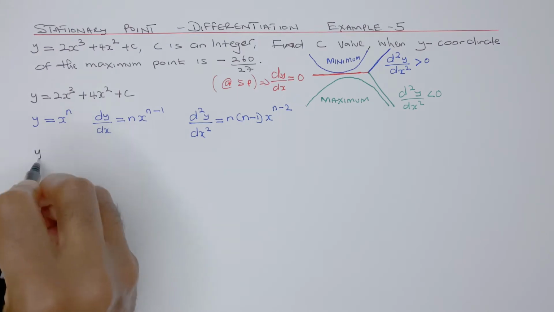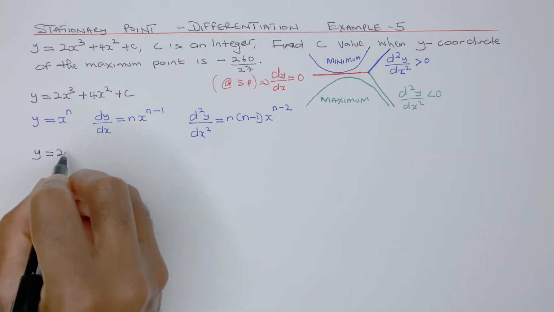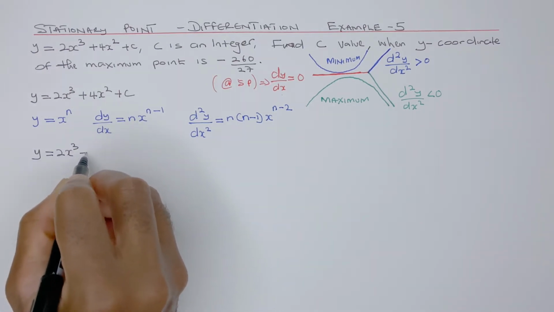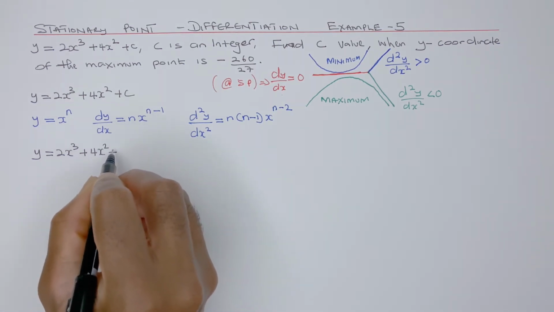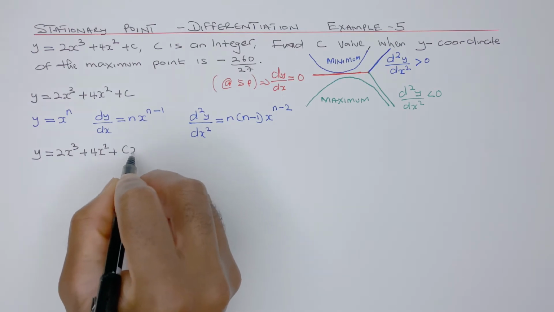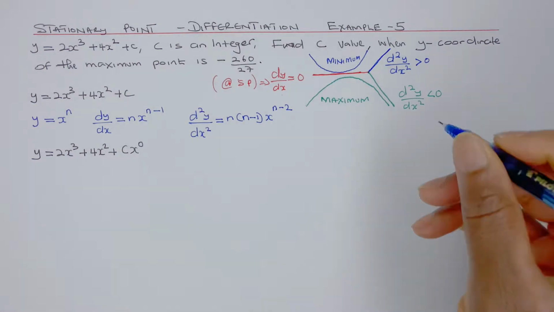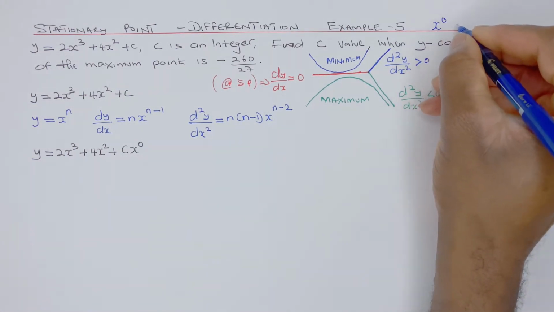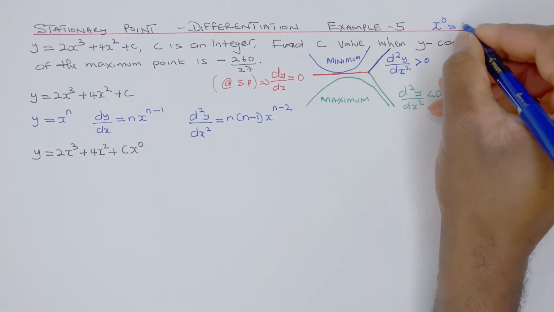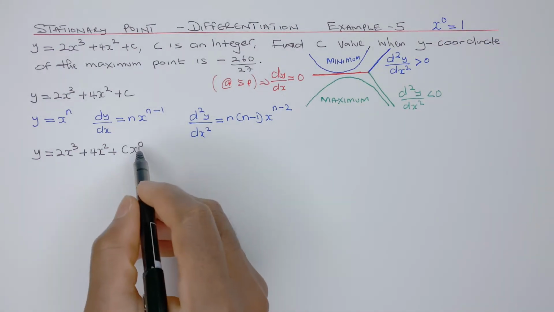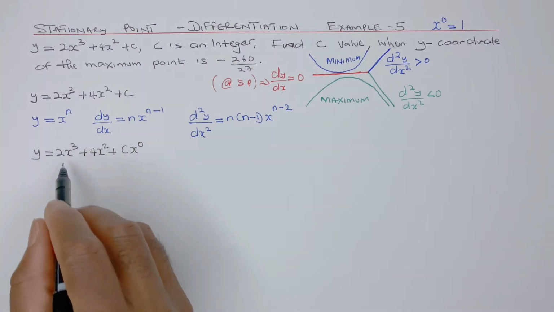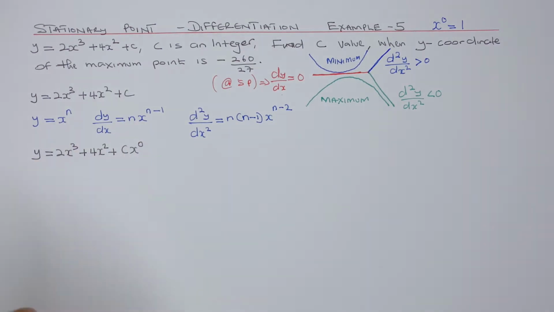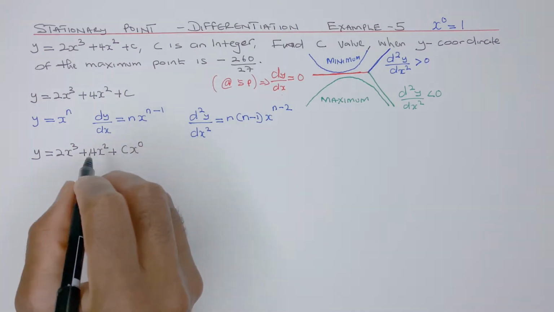Y equals 2x cubed plus 4x squared plus c x to the power 0. X to the power 0 equals 1. 1 times c will be c. Now each term looks like that. So now we can apply dy/dx.